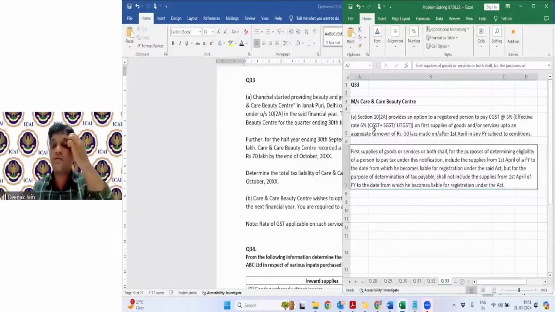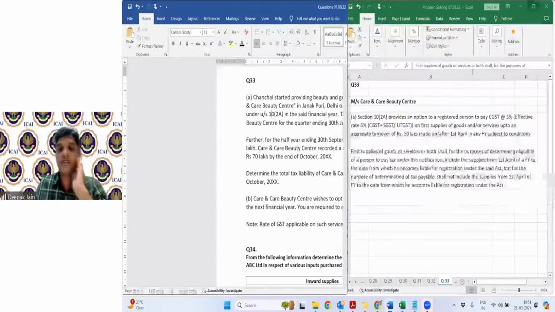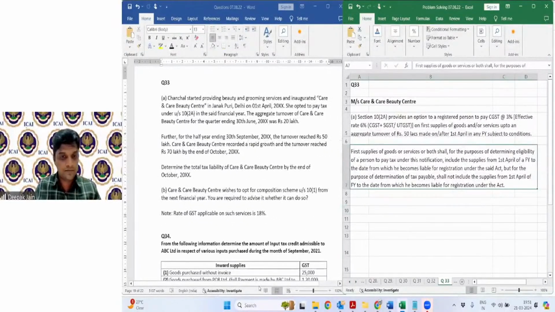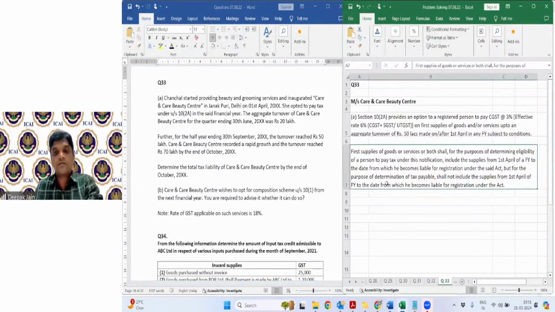So the first supply of goods or services, for the purpose of determining eligibility of the person to pay tax under this notification, shall include the supplies from 1st April of a financial year to the date from which he becomes liable for registration under this Act.